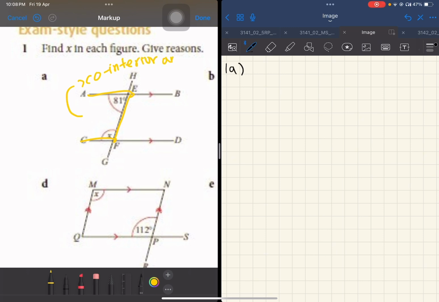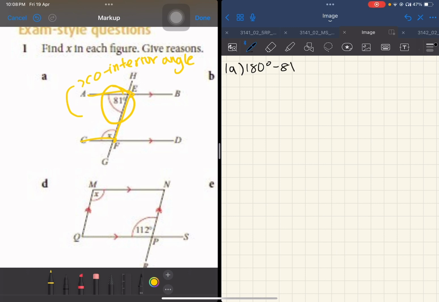Co-interior angles are different from corresponding angles and alternate angles, because for corresponding angles and alternate angles, the angles are equivalent. But to find a co-interior angle, you need to use 180 degrees minus the degrees that is already given inside.